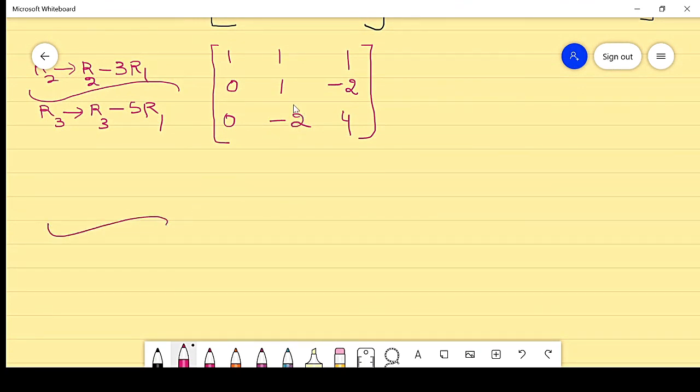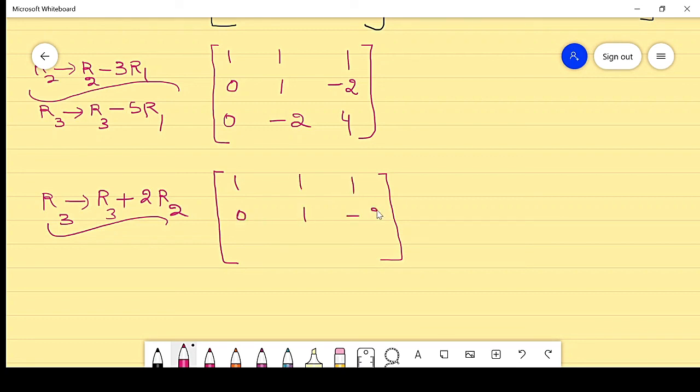Now this term should be 0. So R3, which is R3 plus 2R2. So what is this? First 1, 1, 1, 0, 1, minus 2, and this is 0, 0, 0.